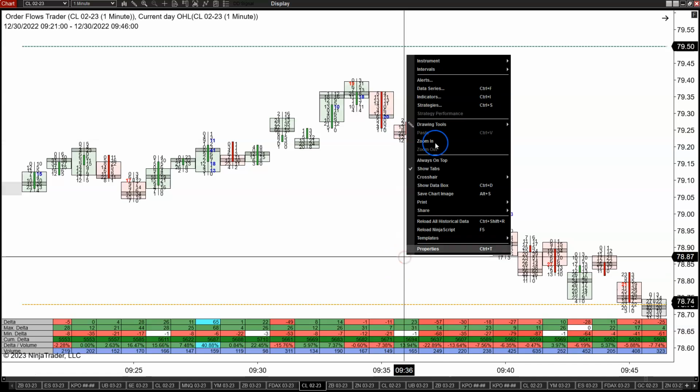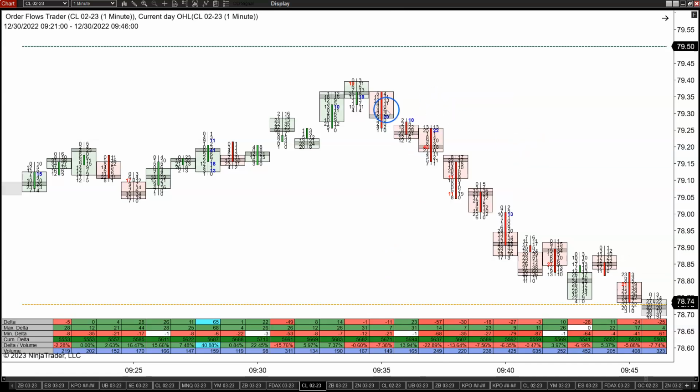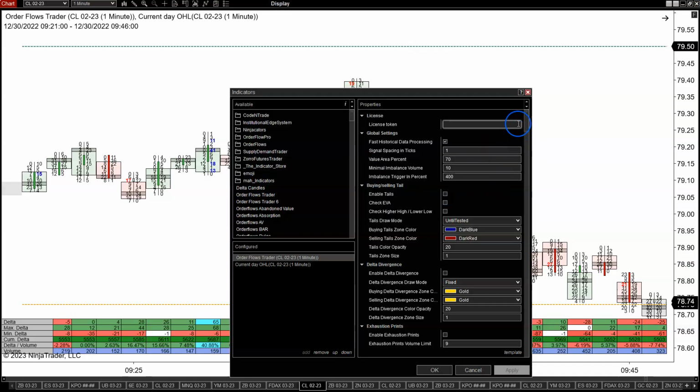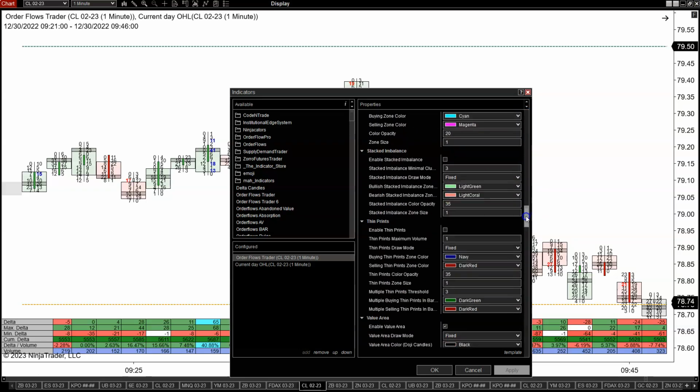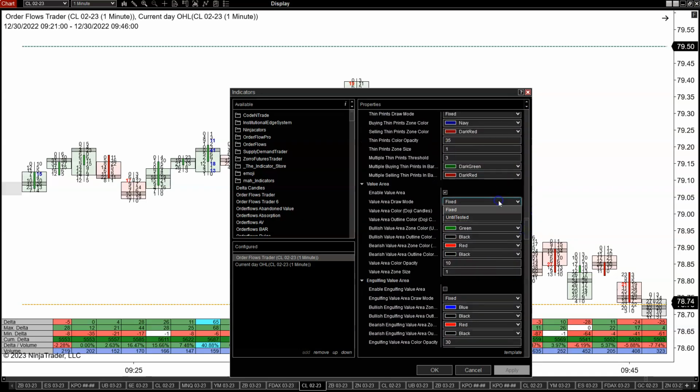Now, another trick that I like to use when you're looking at the value areas, really quick, is when you draw them out, you can draw them out fixed or until tested.